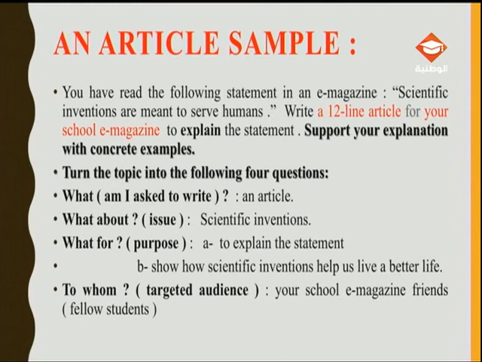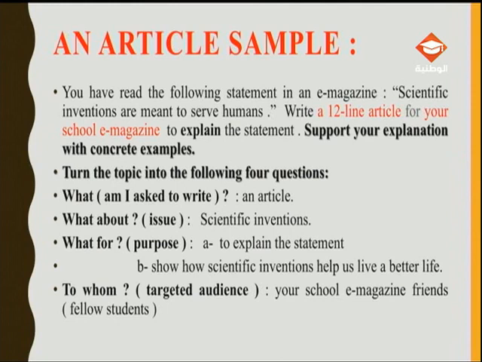The first question, as we previously said, what am I asked to write? In the instructions, it says a 12-line article. So I am asked to write an article. I have to remember that an article requires a catchy title. So I have to think of a catchy title. The second question is, what about? What is the issue I'm going to tackle in the article?